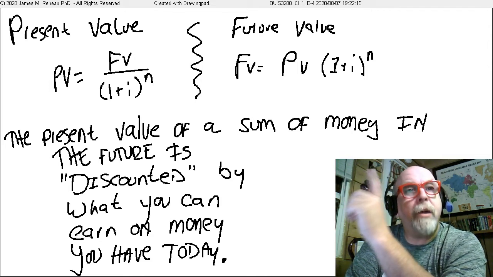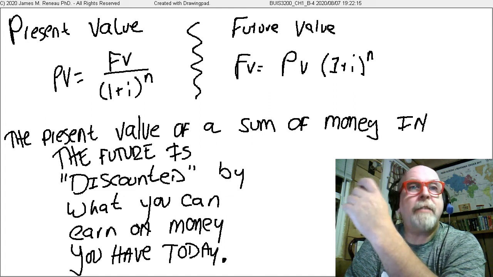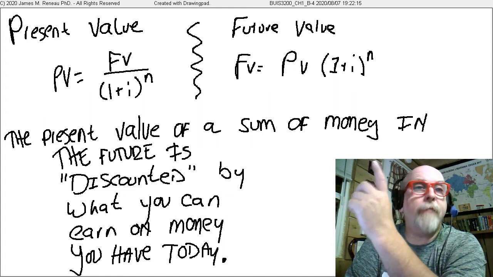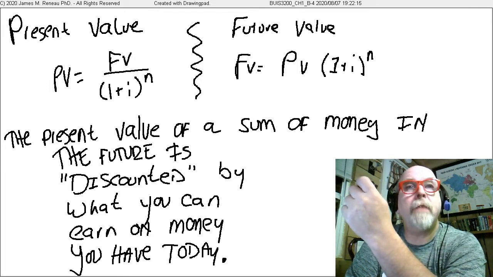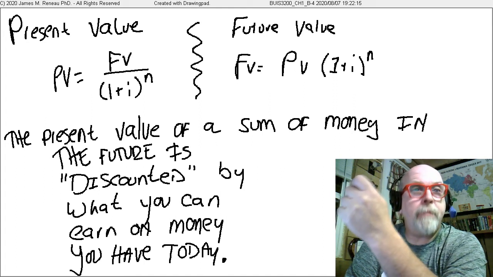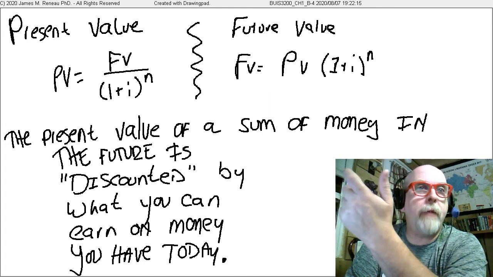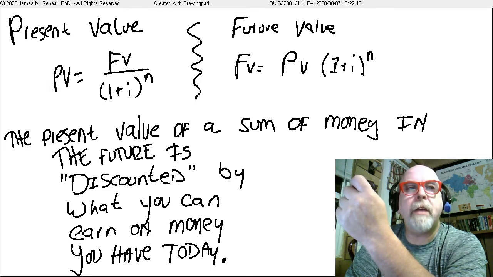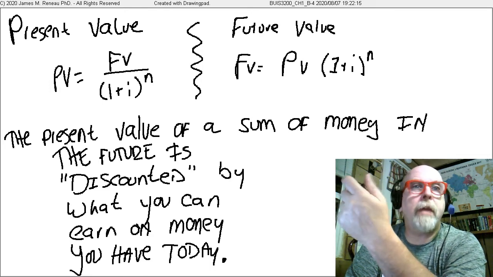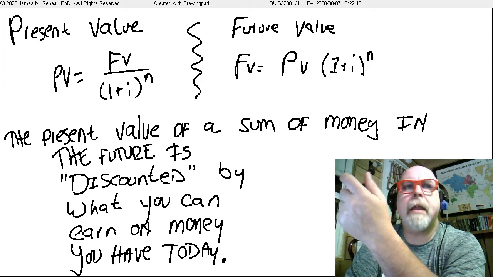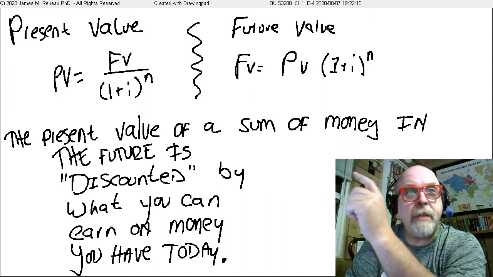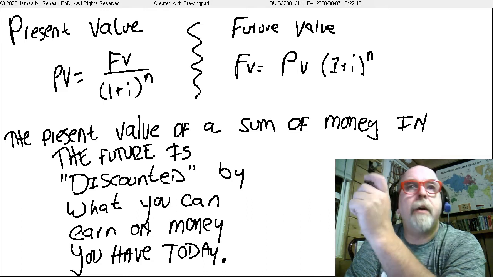If we take a present sum of money and invest it at an interest rate i for n periods, it's worth more, right? So if we were to take a dollar and invest it at 10% for 1 year, we would have $1.10. If we invested it for 2 years, we'd have $1.21, or something close to that, by using 1 plus i to the nth power times the present value to come up with the future value.